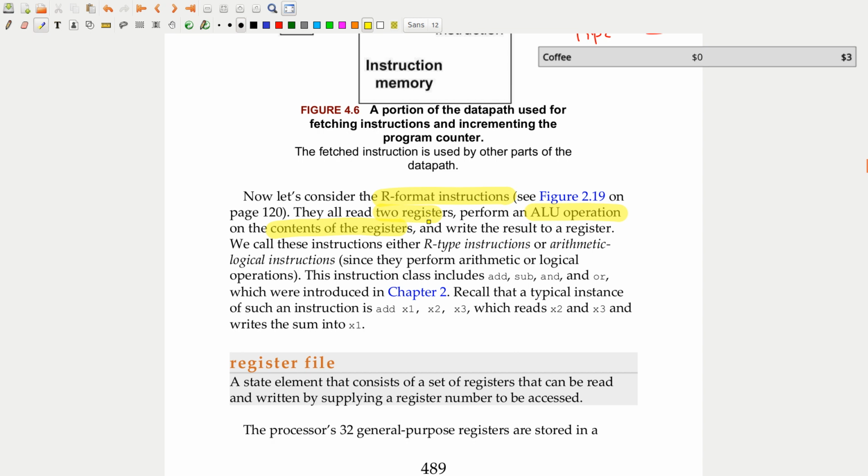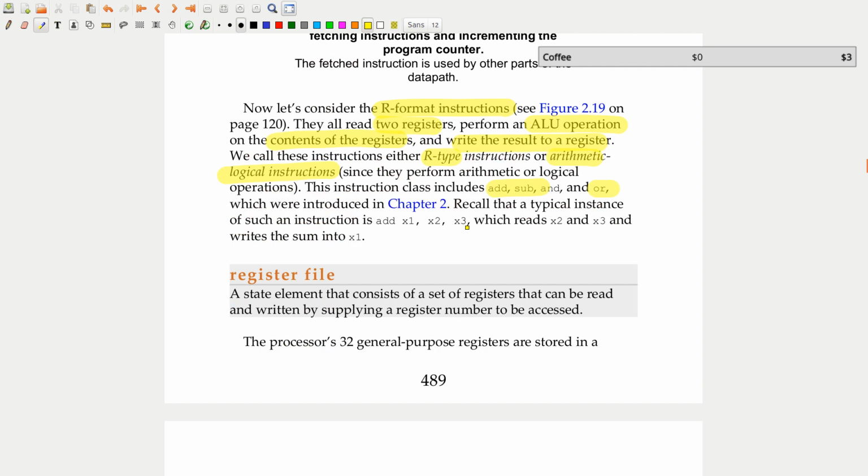They hold values that we're doing some calculation on. And then we write the result to a register. So these are typically R-type instructions, or arithmetic logical instructions, because they do arithmetic. Examples are exactly the ones we saw earlier: addition, subtraction, logical and, logical or. We talked about those in chapter 2.